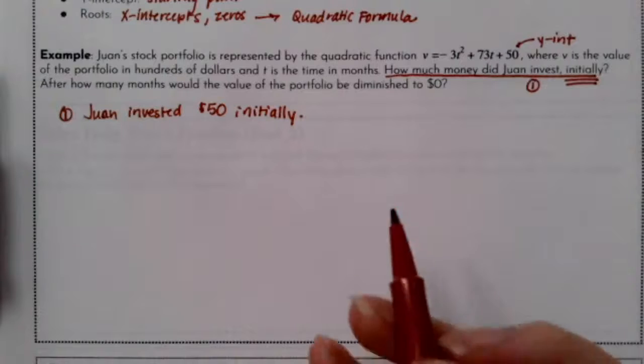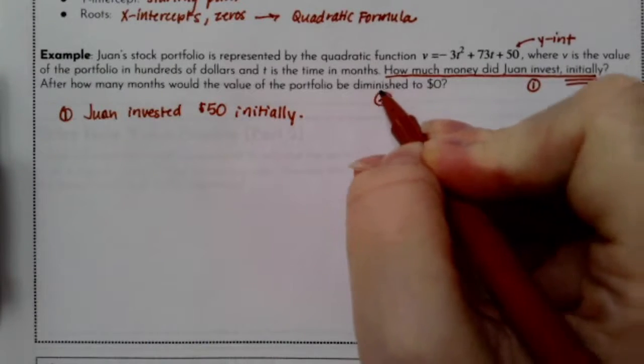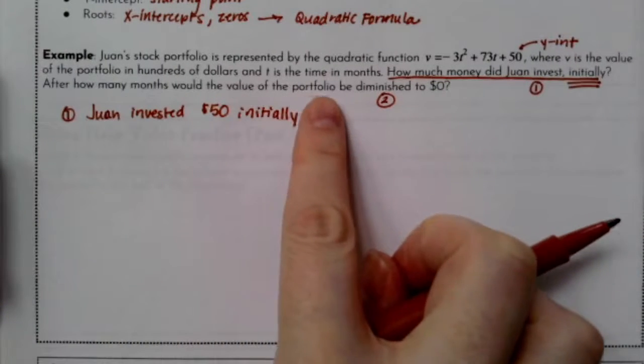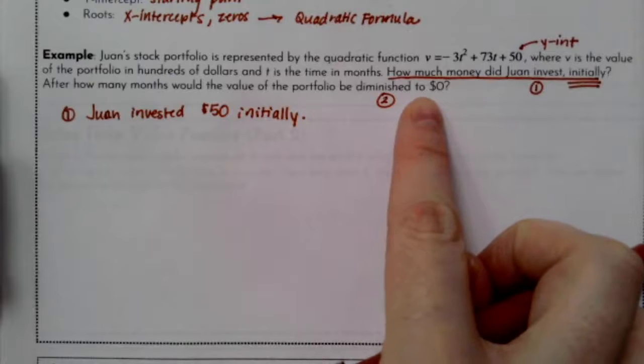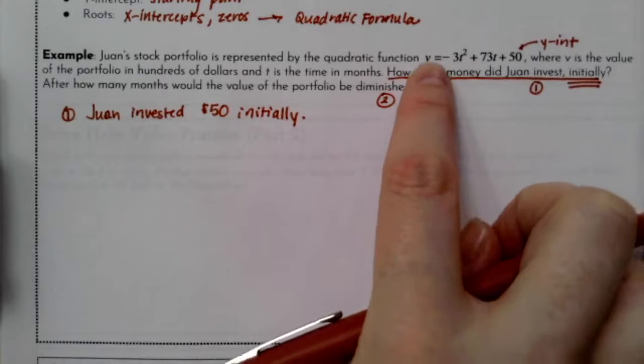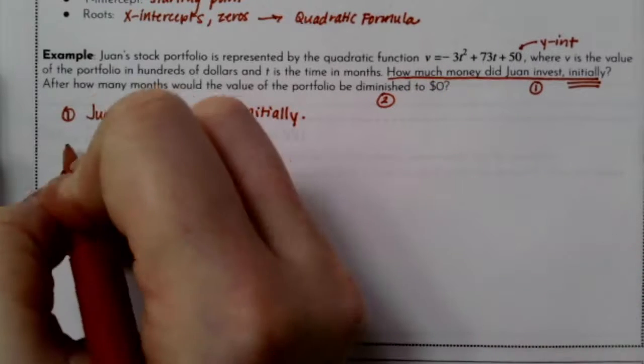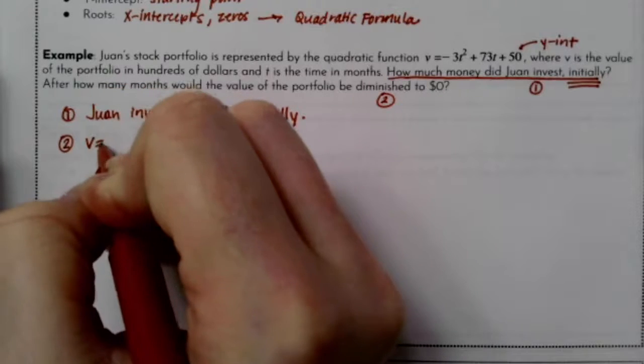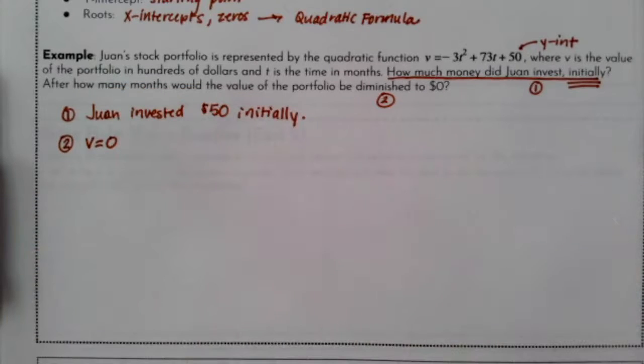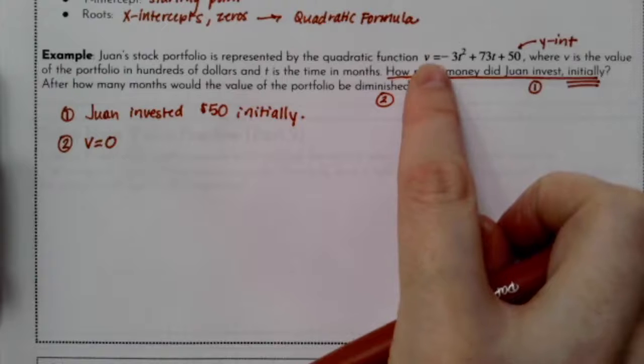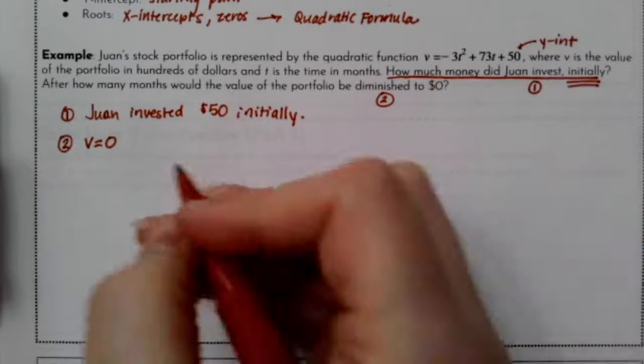Then question 2 is the second one. After how many months would the value of the portfolio be diminished to 0? This is saying, when would V be 0? I'm going to start by plugging in 0 for this V and seeing what I get.